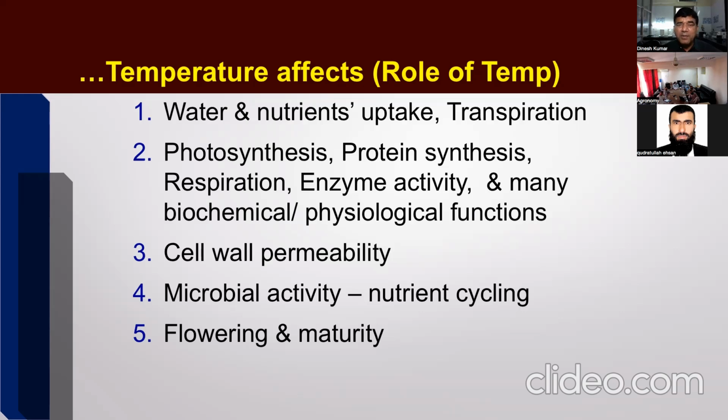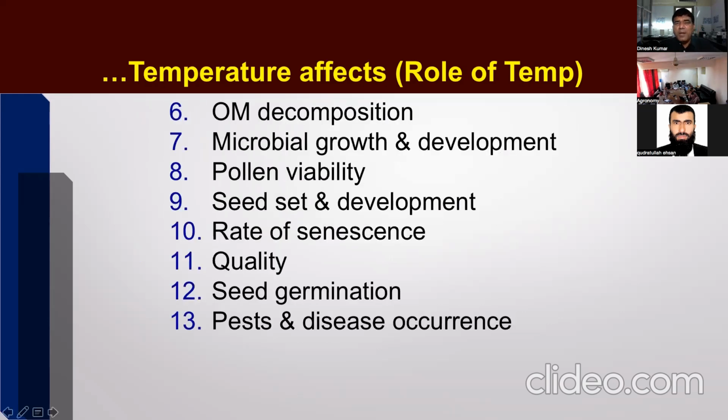And microbial activity directly affects nutrient cycling. I have already discussed that. Flowering and maturity are also affected by temperature. Some plants require a minimum amount of temperature, minimum units of heat, to flower or to complete their life cycle. This is your thermoperiodism. Now, organic matter decomposition is affected by temperature, microbial growth and development.